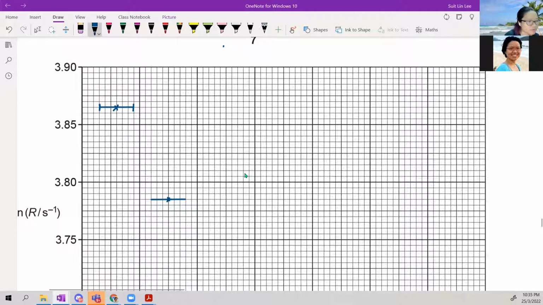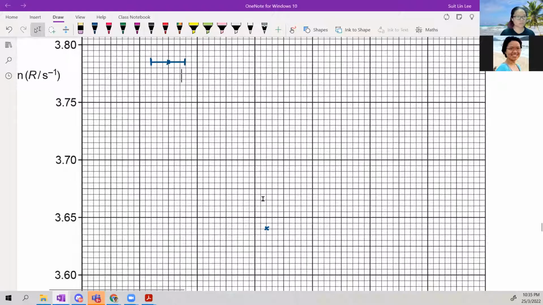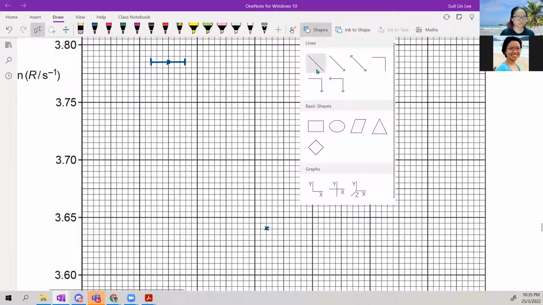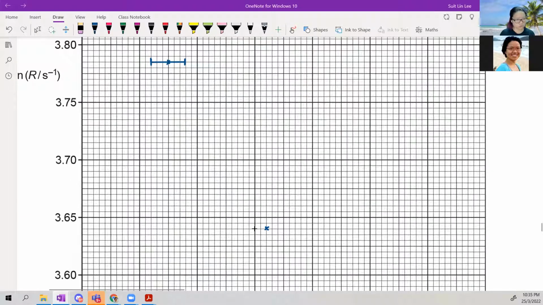One day when I'm free, I will figure that thing out. Today is not the day. So make sure you limit this. Okay, repeat again for the next few ones. This one is 0.02, so it's 4 boxes, 2 boxes to the left and 2 boxes to the right.